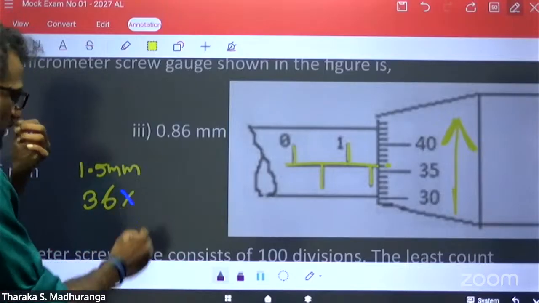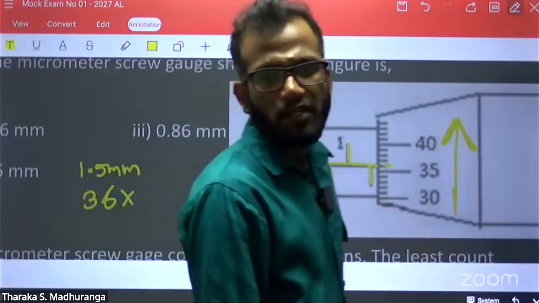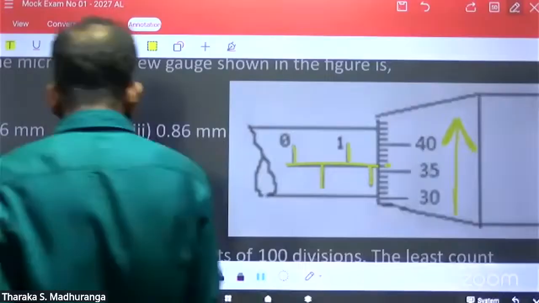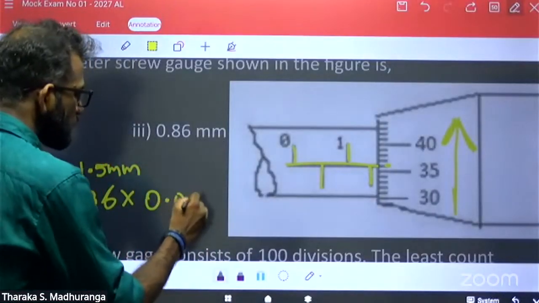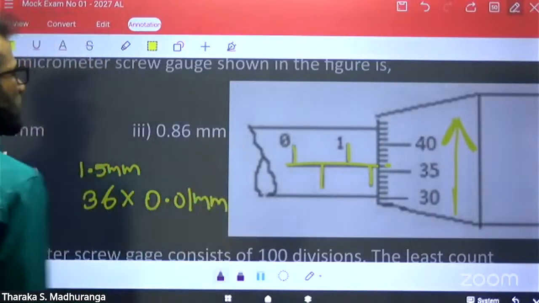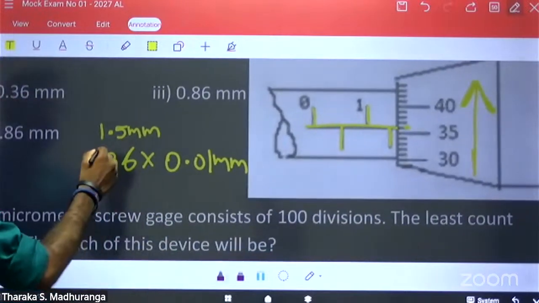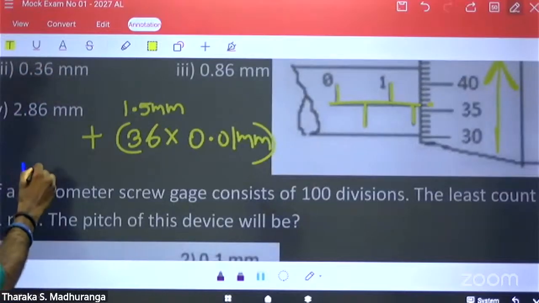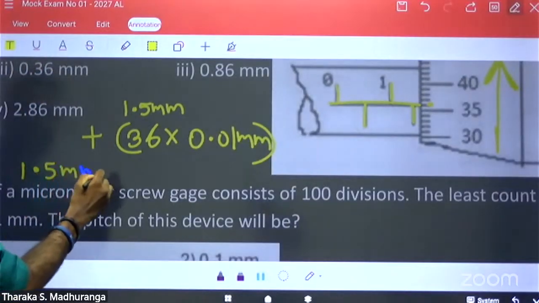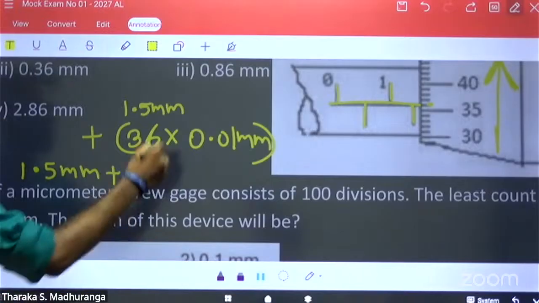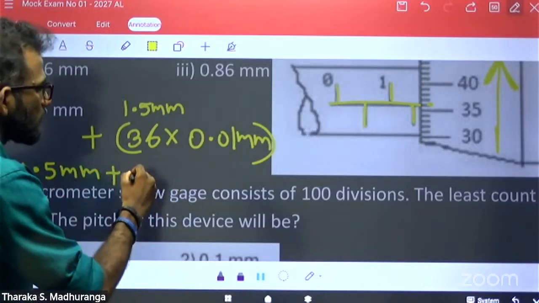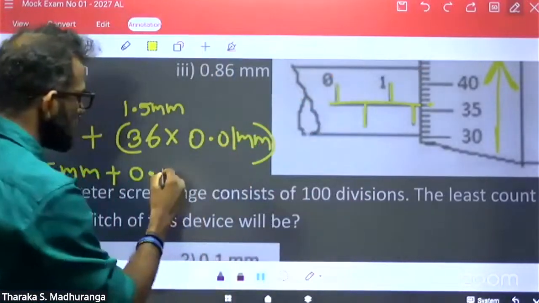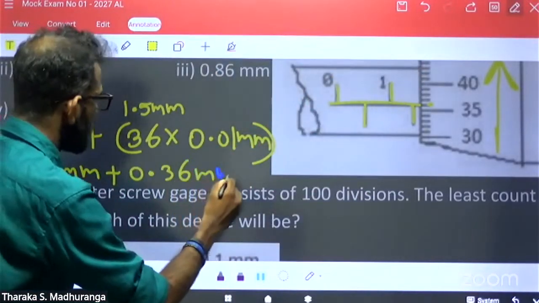36 multiplied by the least count. This is a standard micrometer screw gauge. Then what is the least count? It is 0.01 millimeter, as we already discussed. Then you can add these values: 1.5 millimeter plus 36 into 0.01, which is 0.36 millimeter.